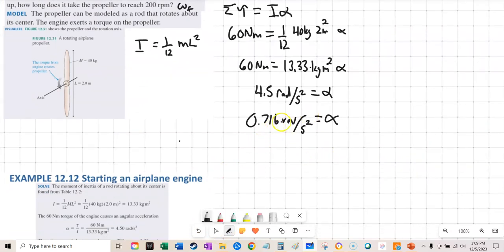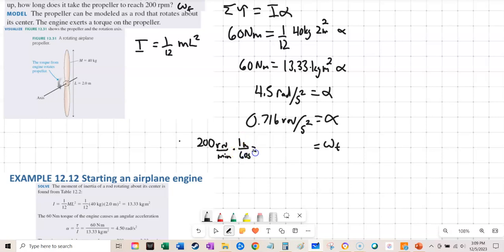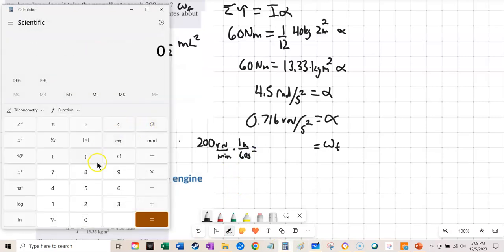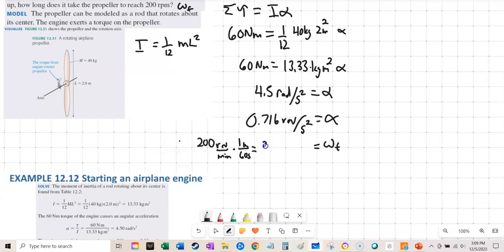So here's our alpha. Our omega final is going to be 200 revolutions per minute, and we're going to multiply that by 1 minute and divide that by 60 seconds. So that's 200 divided by 60, which is equal to 3.33 revolutions per second.